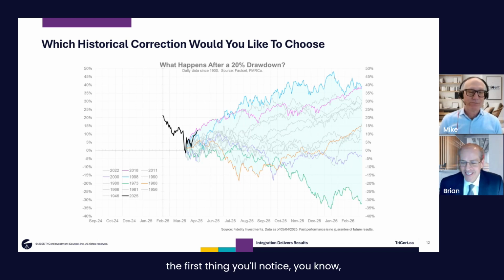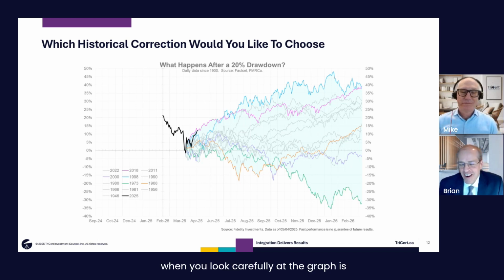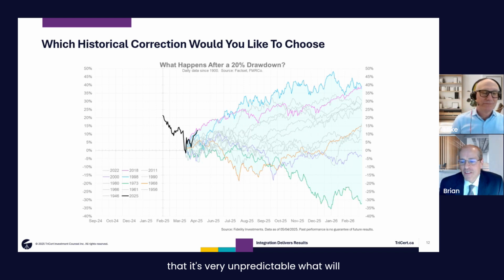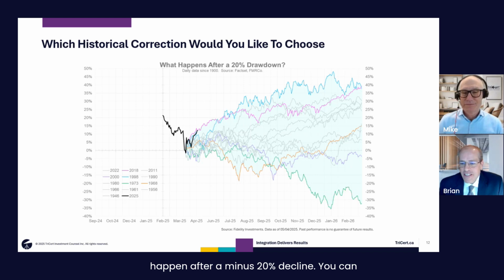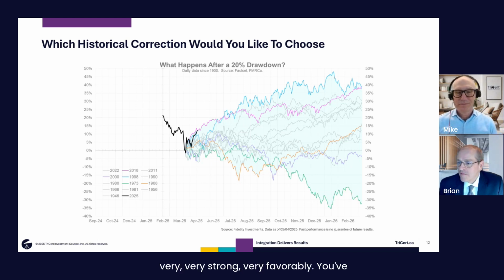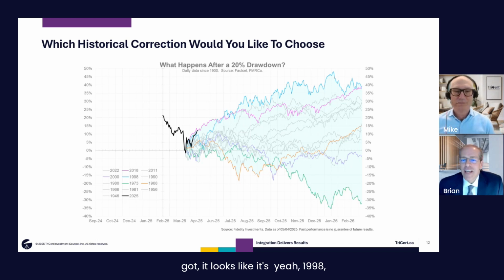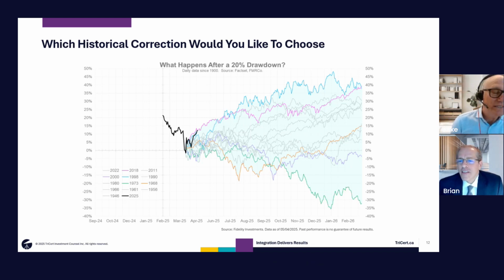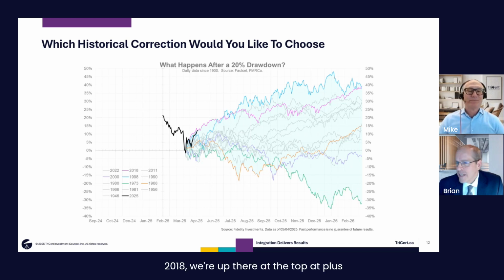The first thing you'll notice, when you look carefully at the graph, is that it's very unpredictable what will happen after a minus 20% decline. You can see plenty of periods that turned out very favorably. It looks like 1998, and in 2018 we're up there at the top at plus 40.